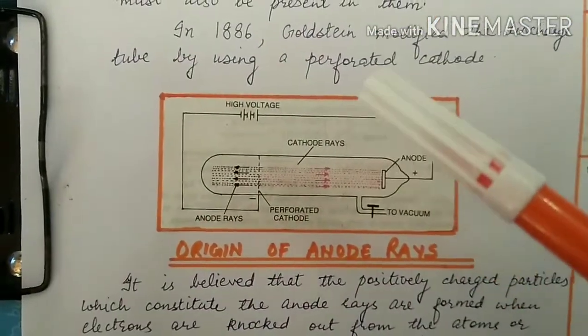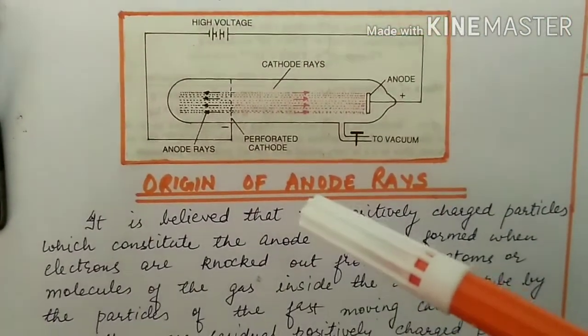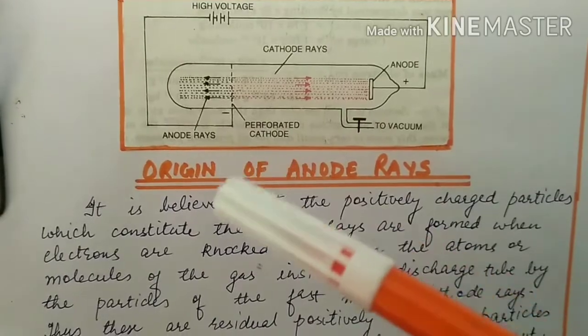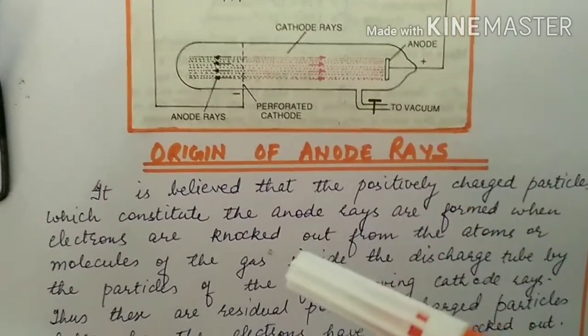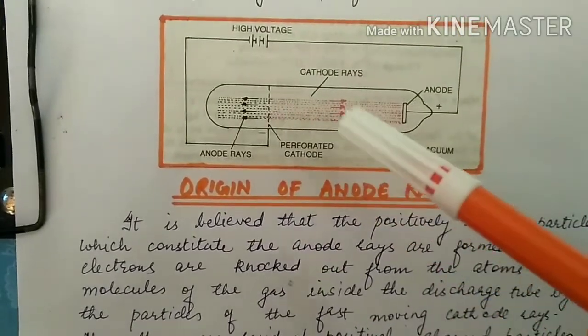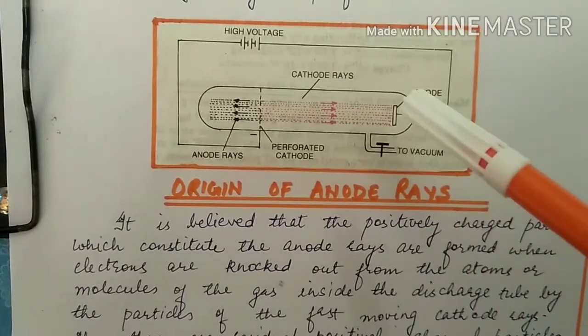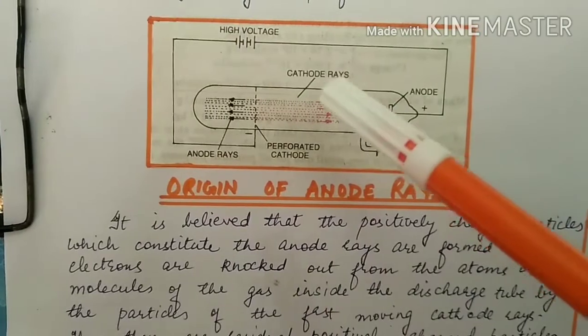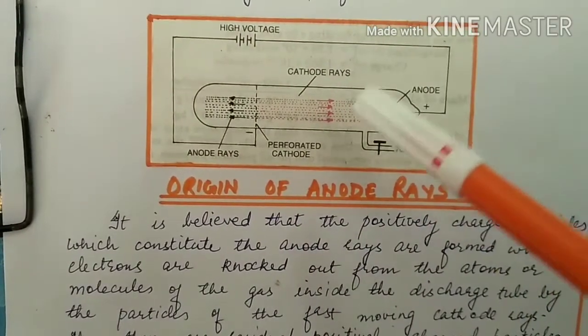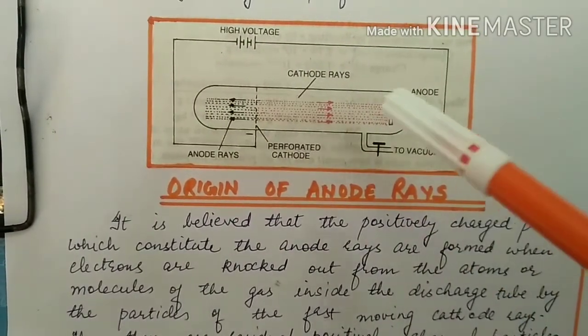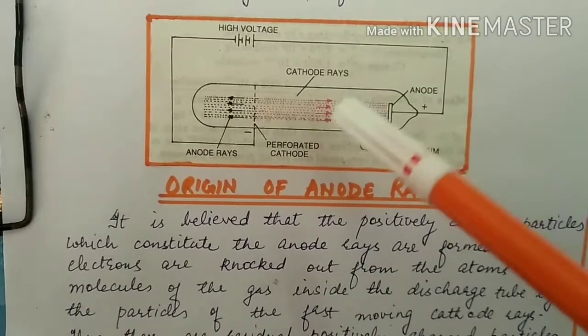Now, the source or origin of anode rays: it is believed that when cathode rays strike the atoms of the gas present in the discharge ray tube, they knock out electrons from the atoms. When electrons are taken out, what is left is a positively charged nucleus.